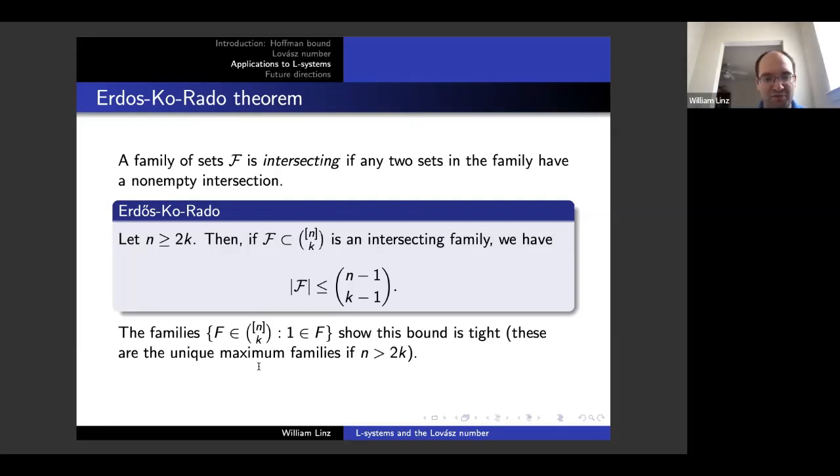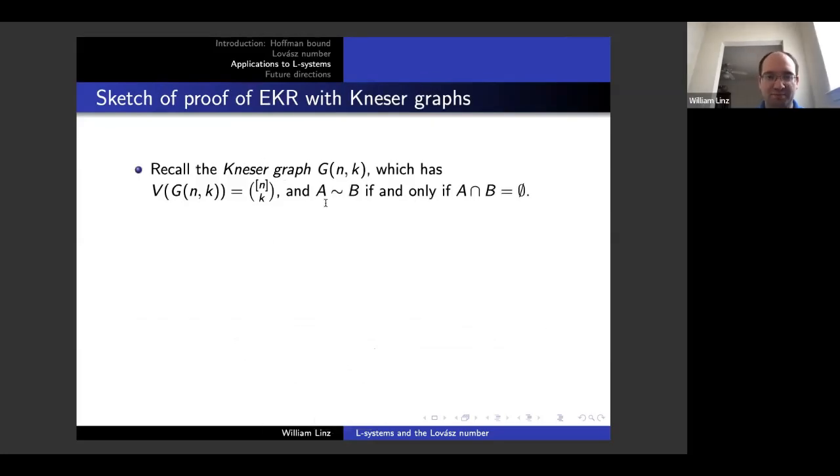I'm not going to prove the uniqueness, but I'll sketch one argument for proving this upper bound. There are at least half a dozen proofs of the Erdős-Ko-Rado theorem by now, but one of them uses the Hoffman bound, and in particular, it uses the Hoffman bound on the Kneser graph. Recall what the Kneser graph is.